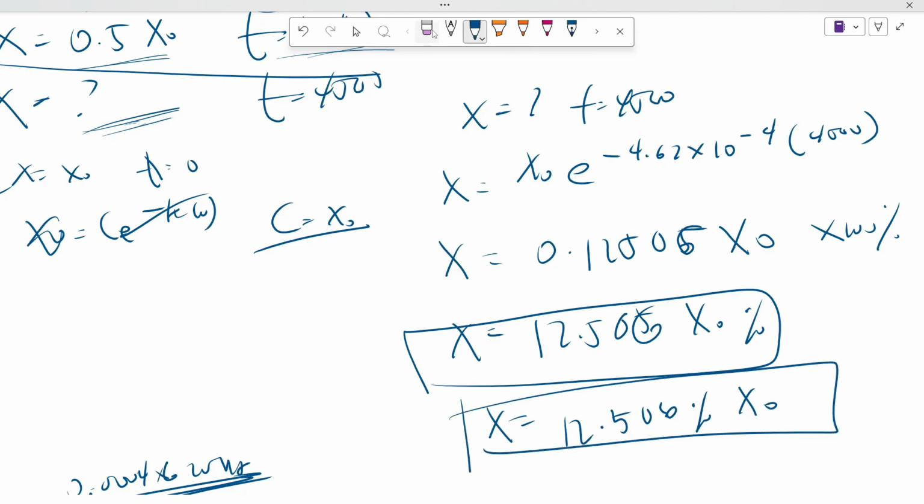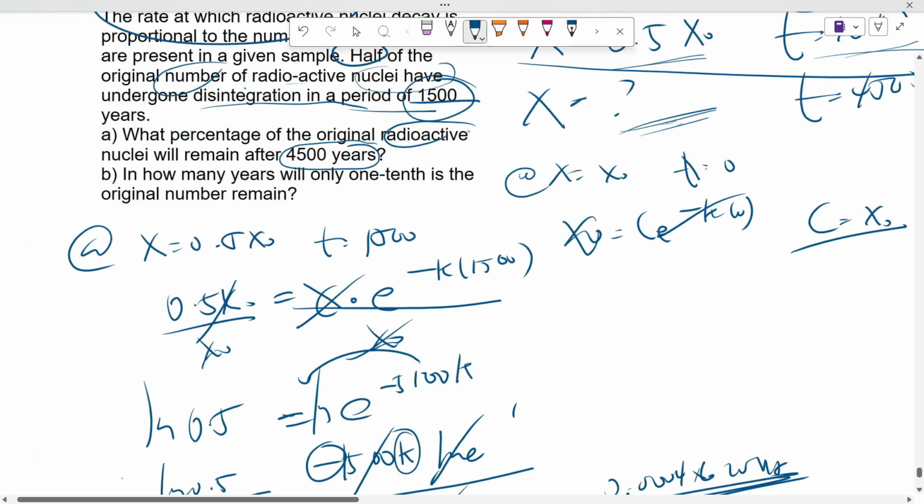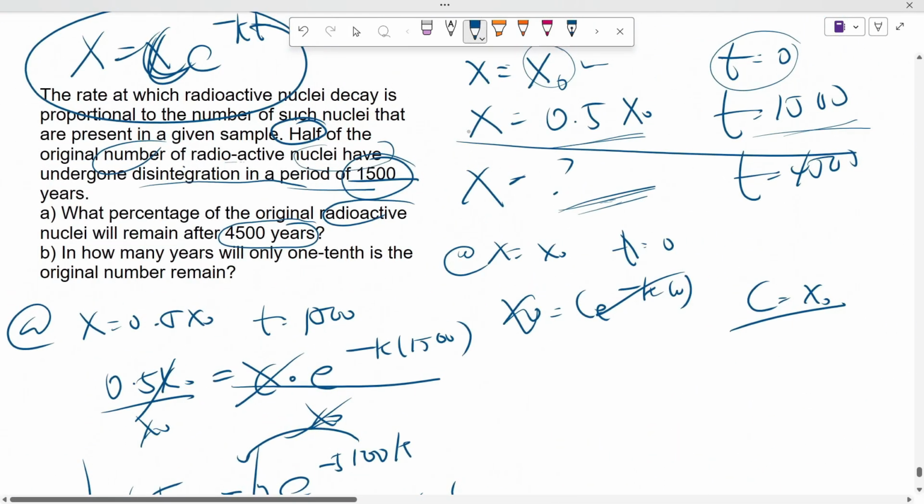I hope you get it. So the answer for letter A is 12.5%.